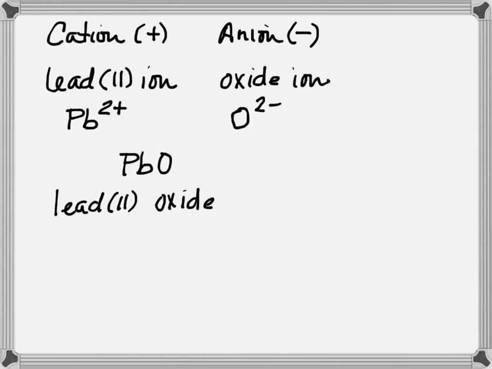Yes? So if we just saw the PbO, we should know that the oxide is minus 2 for the charge, then because there's no coefficients, we should just know that it's 1 to 1. Remember, chemists do not like to write the number 1. And so PbO means that there's one Pb and one O. And so you know from the periodic table that the oxygen's 2 minus.